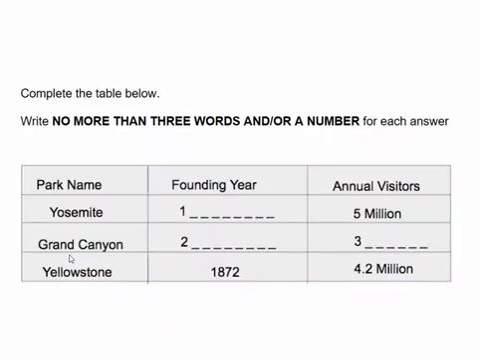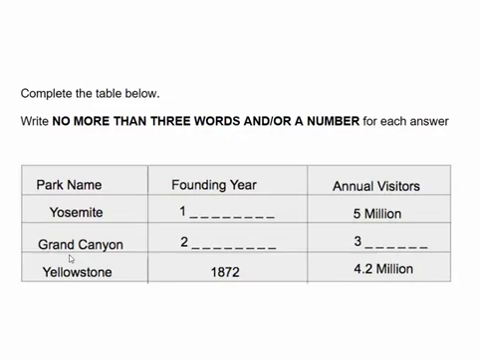The next type is table completion questions. Again, you can see these are all very similar. In this case, we have some kind of table, or often a sort of spreadsheet, where you have different categories of things and you need to fill out the chart or the table that you see there. On this one, at the top we've got some labels: park name, and we've got different parks.